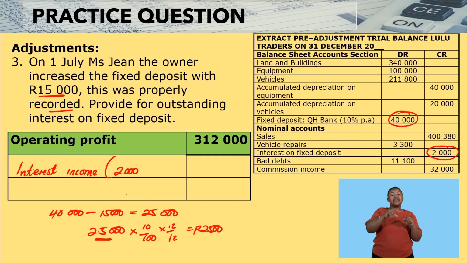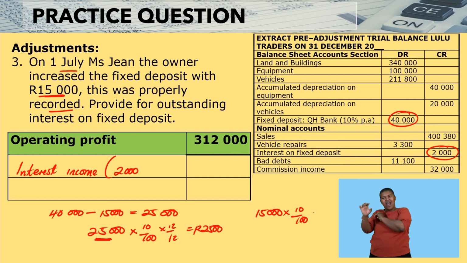Then the 15,000 that we have been told was increased on the 1st of July, we say 15,000 multiplied by 10 over 100, multiplied by 6 over 12. It was increased on the 1st of July, so for 6 months. That would then give us 750.